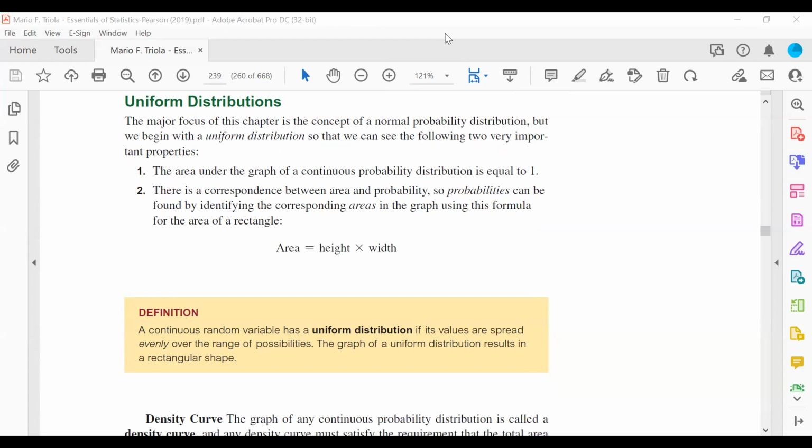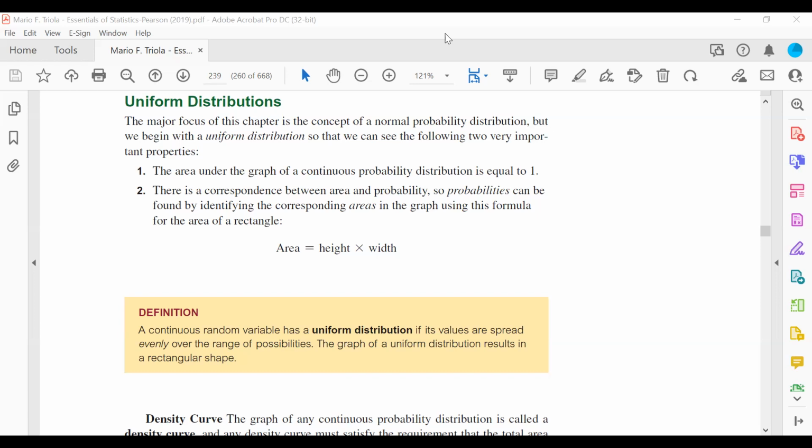So the uniform distribution, the area under the graph. Recall that there were two conditions. Remember the two rules for a probability distribution? It's the same thing. The sum of the P of X had to equal 1, and each of those P of X values had to be between 0 and 1. Well, for the uniform distribution, we're talking about areas.